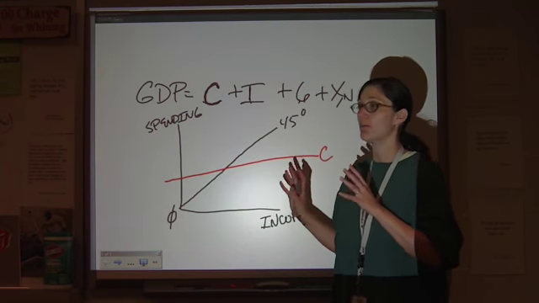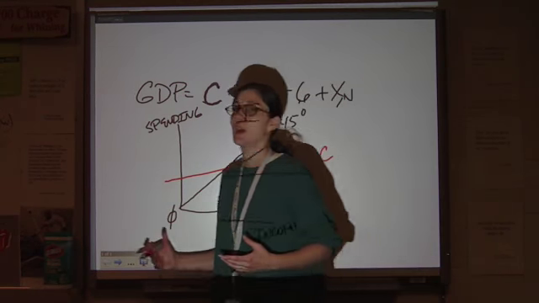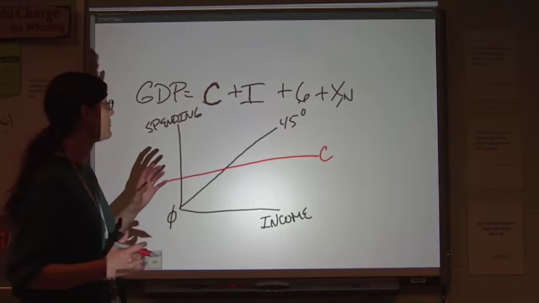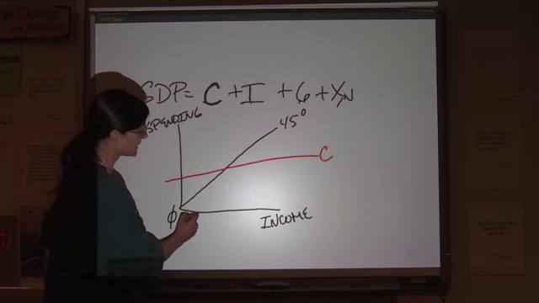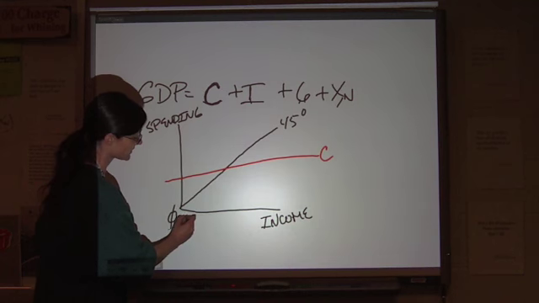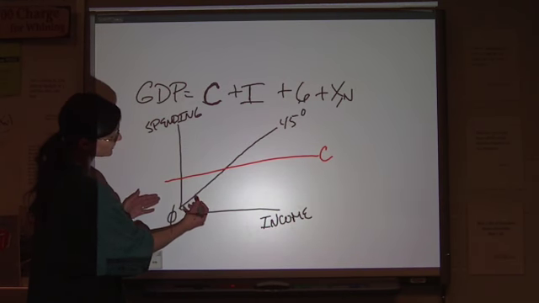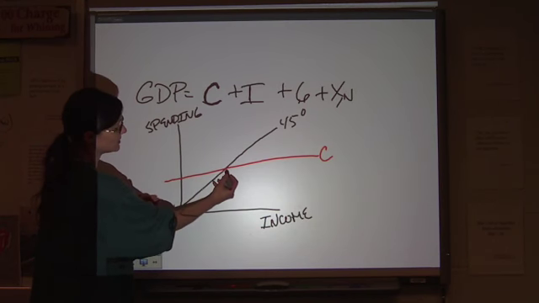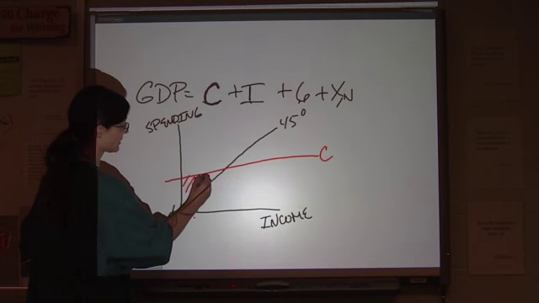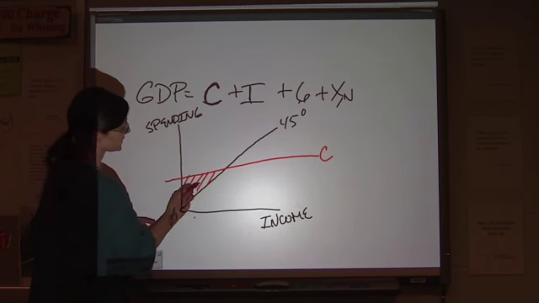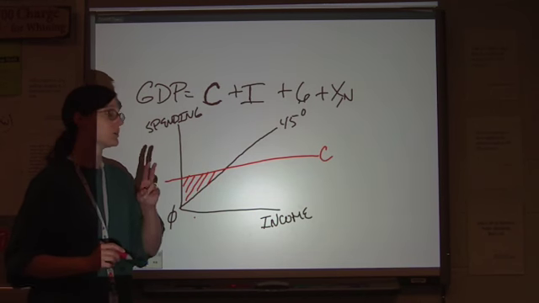Now, this also mirrors a typical consumer life cycle. Because what happens when people are young, or younger, is that they tend to make less money, so they're on this end of the income scale. At that point, you're spending more than dollar per dollar what you make. So this whole area right here, where your consumption line is above your reference line, you can call it two different things.